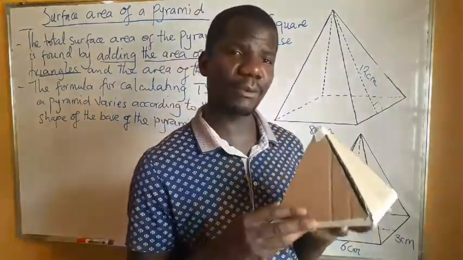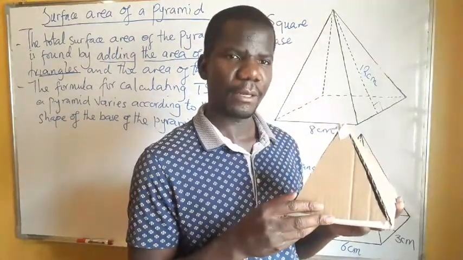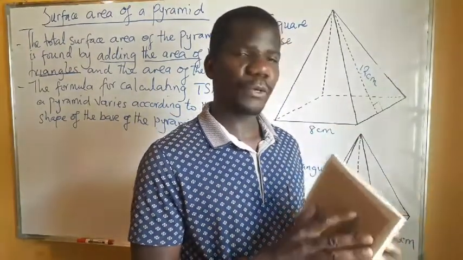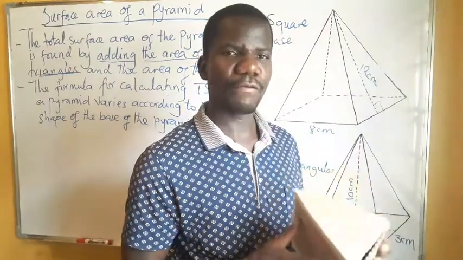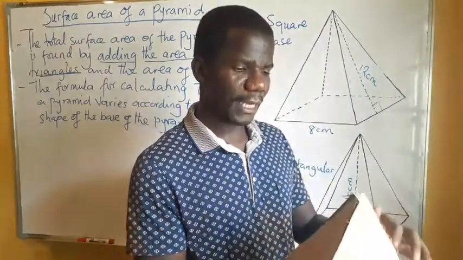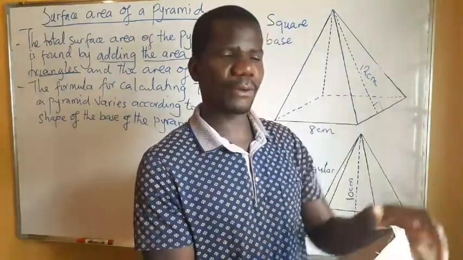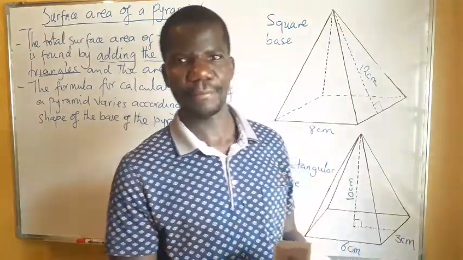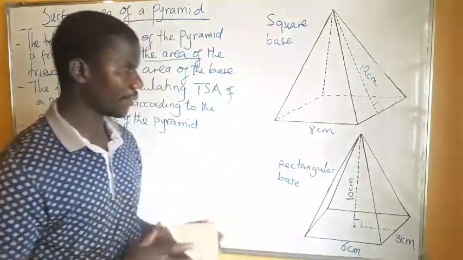We have got how many triangles here? 4 triangles. And if we want to find the total surface area of the pyramid, we need to find the area of all these 4 triangles plus the area of the base. Okay? That is very important.